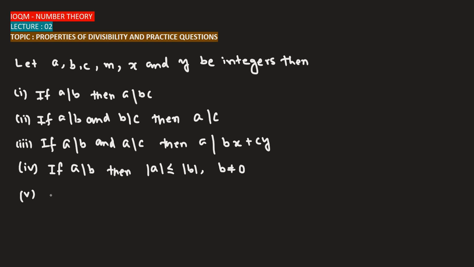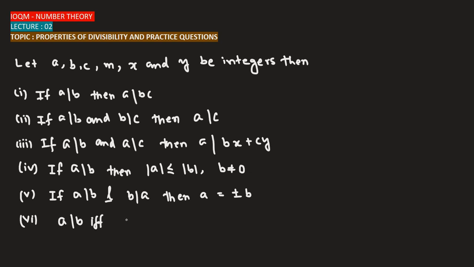Property 5: if A divides B and B divides A, then A is equal to plus or minus B. Number 6: A divides B if and only if AM divides BM for M not equal to 0.